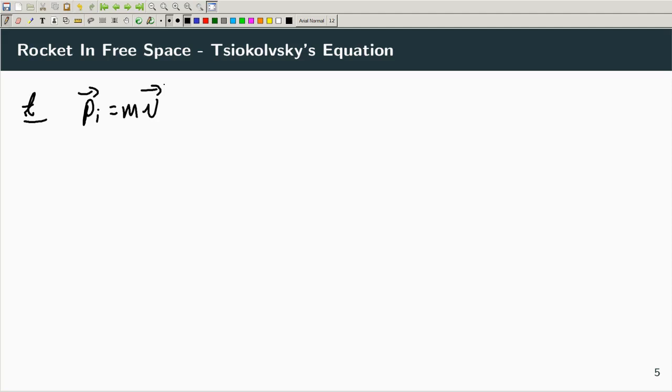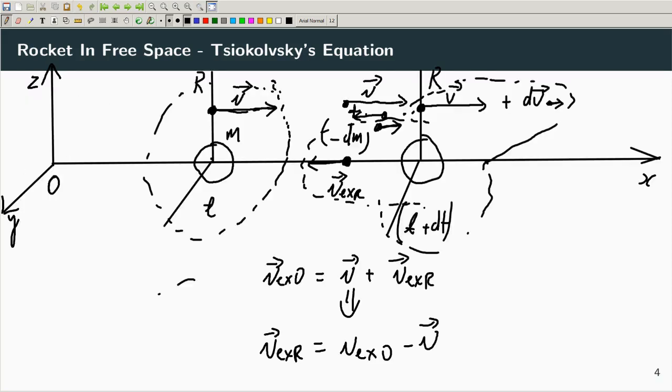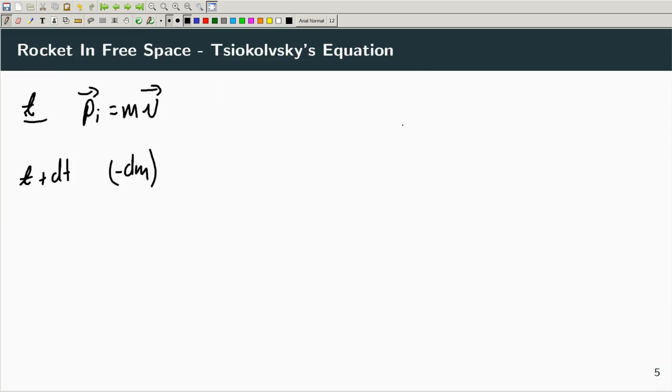Now at a later time, which we have stated is some small interval t plus dt, the rocket has ejected that very small mass of negative dm, because it's losing mass, and the rocket system has moved forward by a small velocity dv in that small time frame.